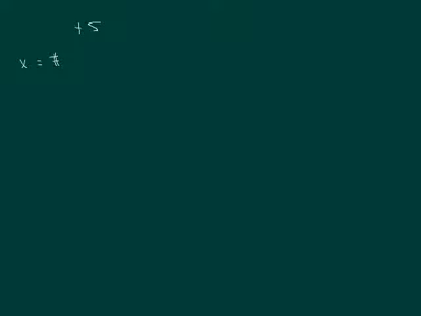So let's see what we've got here. 5 is added to the sum of twice a number. So twice the number we're looking for is going to be added to 3 times the number, because it says if 5 is added to the sum of twice the number and 3 times the number. Okay, so what are we going to do with twice the number and 3 times the number?